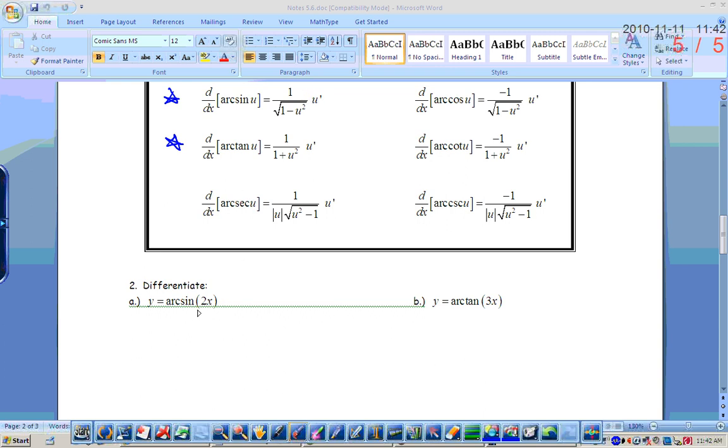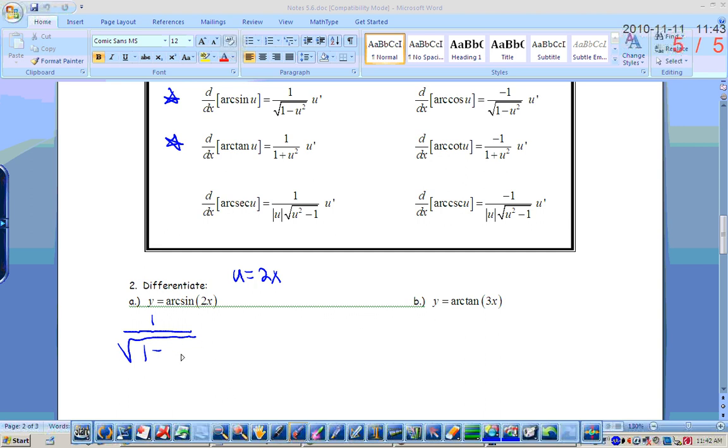Sometimes I think it's helpful to identify what u is and use a u substitution, even though we're taking the derivative. So like on number 2a, what would u be? 2x. All right, so my formula is 1 over the square root of 1 minus u squared.